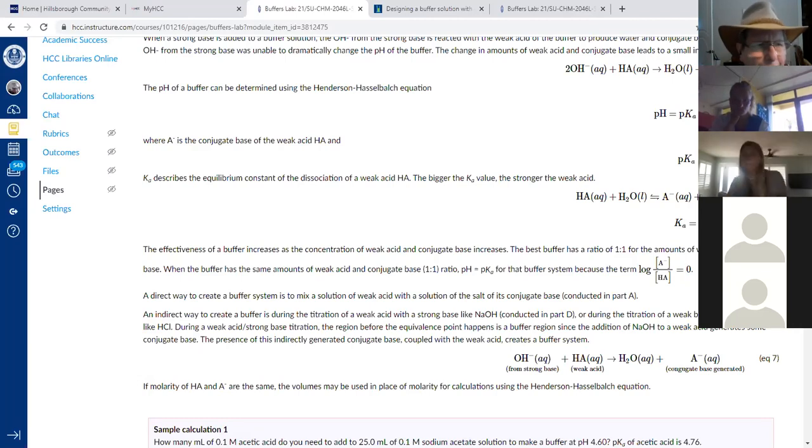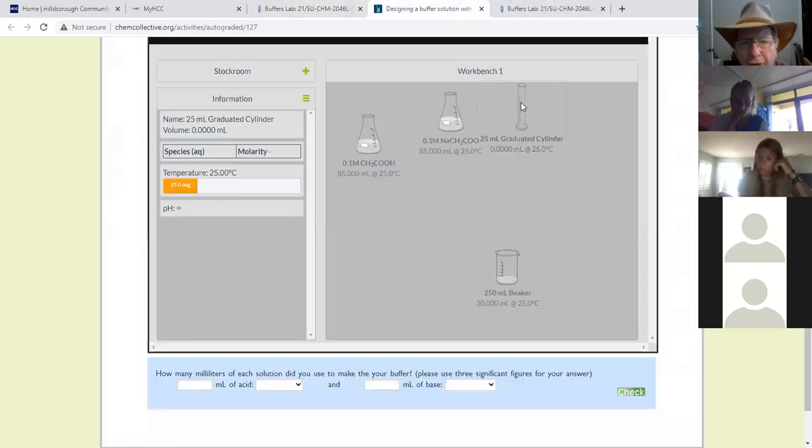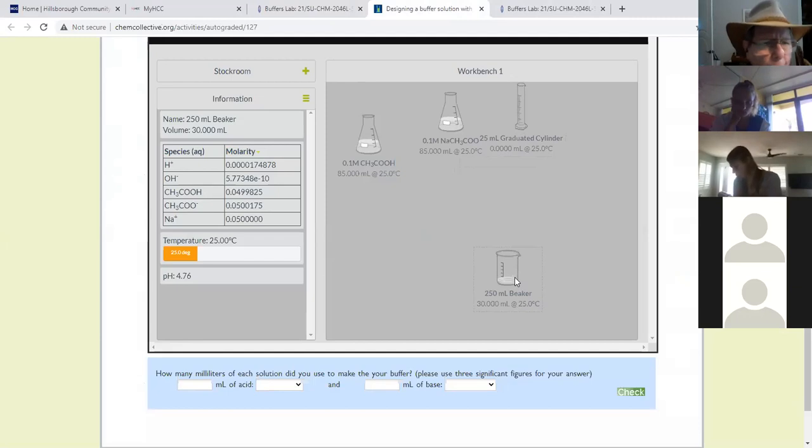Jordan, shake your head. If it's 1/1, then I have the log of 1. The log of 1 is simply equal to 0. So I have added equal amounts of my acid and base in here. And I've got a pH of 4.76.